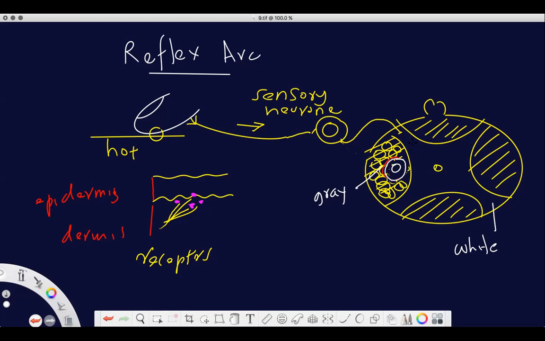This neuron doesn't have very long axons, but instead it has dendrites like this, and then it has the axon like this.